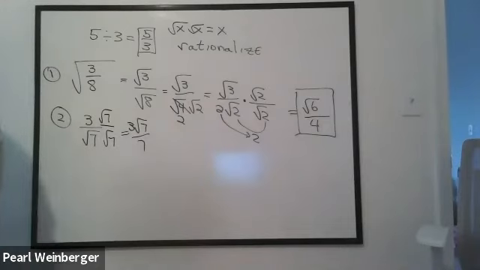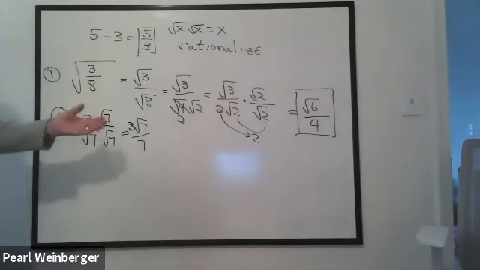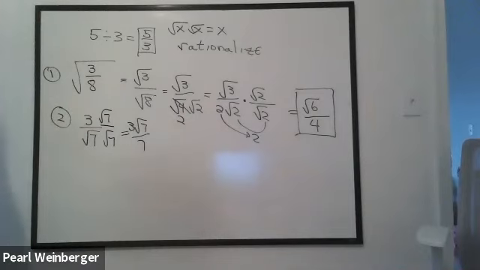So that's how we deal with an example where we have a radical in the denominator. We want to make sure, especially when it says simplify, do not leave it, even though your thing looks pretty simple.